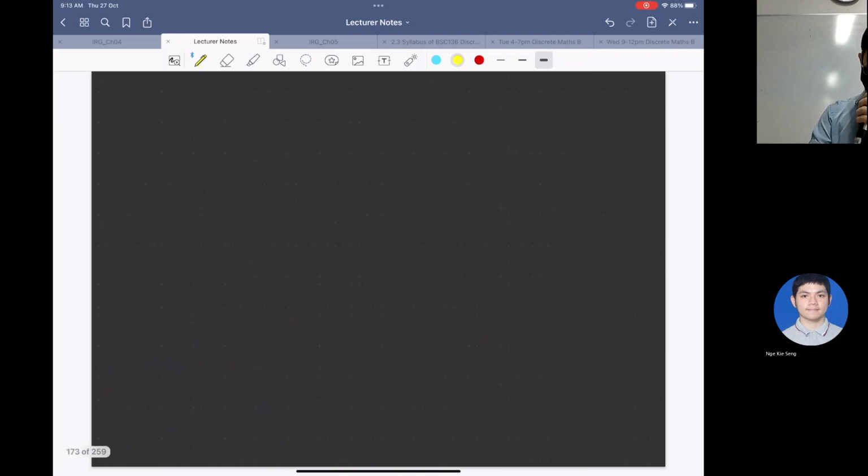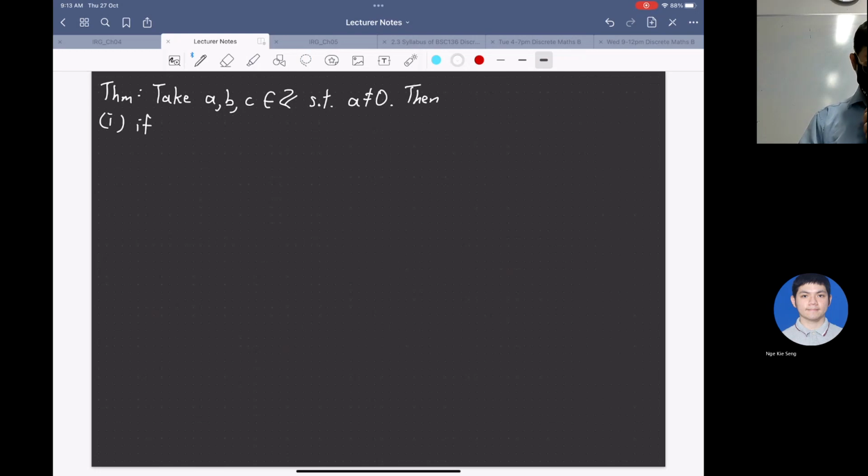Okay, next, take 3 integers A, B, C, such that one of them is non-zero. Then, one: if A divides B and A divides C, then A will divide the sum of them.